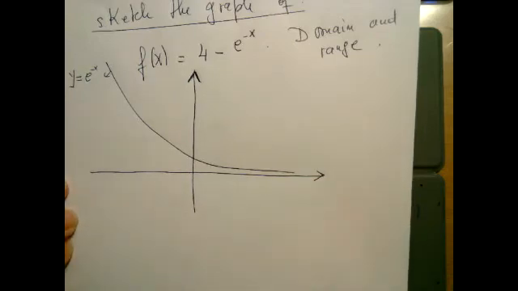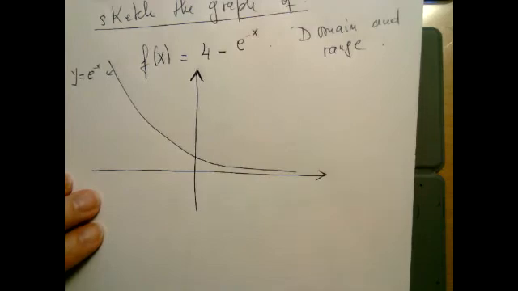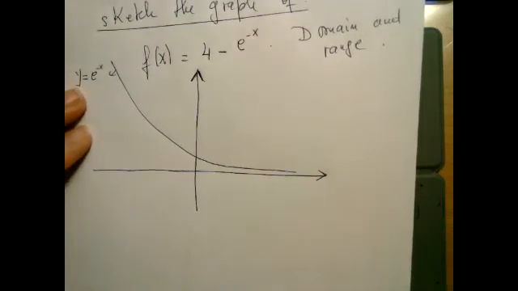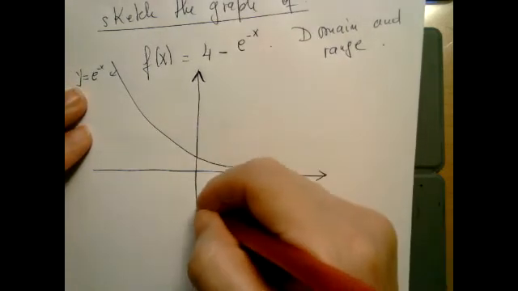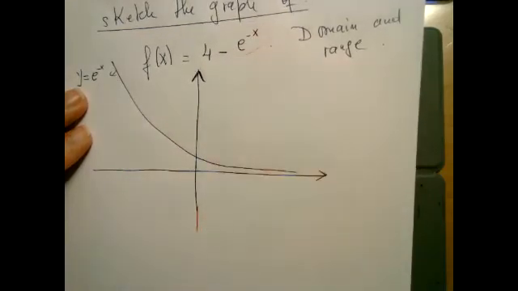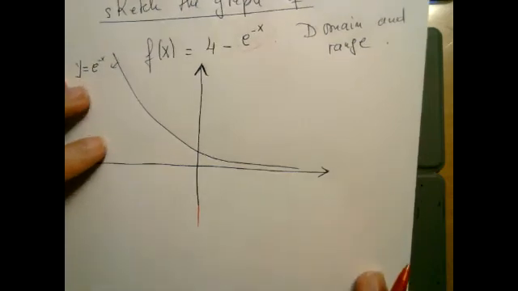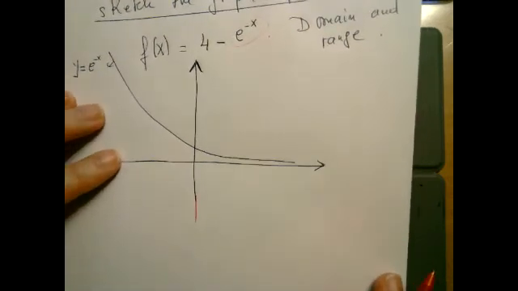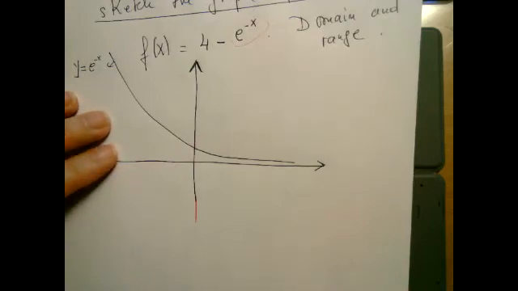Okay, let's see. What would you do first? Quickly, please tell me in chat, what would you do first? So we're going to start with e to the minus x. What are we going to do first to get the graph? Morgan Keane? Your name is in front of me, so I'm picking on you.